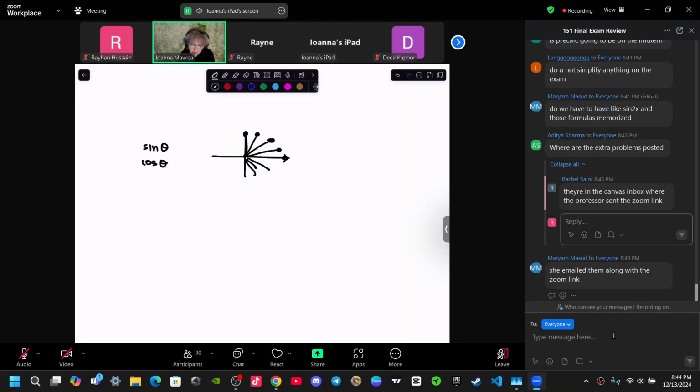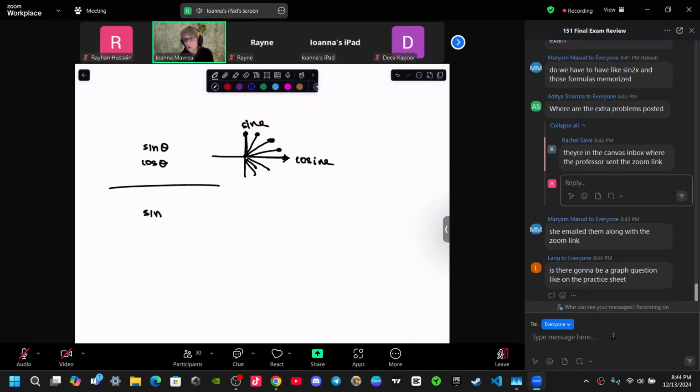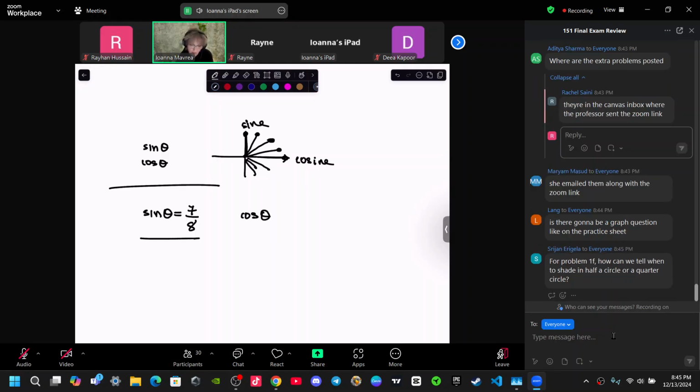Again, the sine is the y coordinate and the cosine is the x coordinate. You should know those. You should also know what to do when somebody gives you one of them for a non-known angle. Let's say they give you sine theta is, I don't know, 7/8. You should be able to find cosine theta. It's not enough to give you that. They also have to tell you where the angle is.